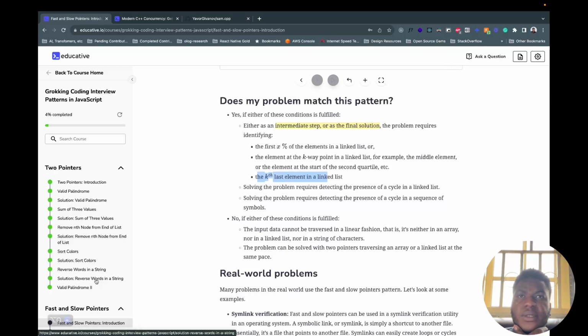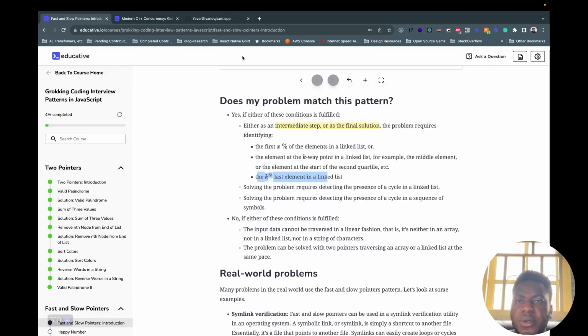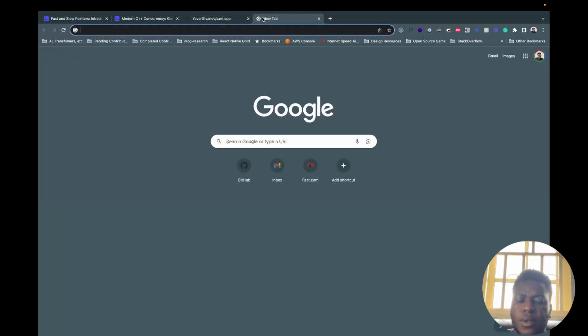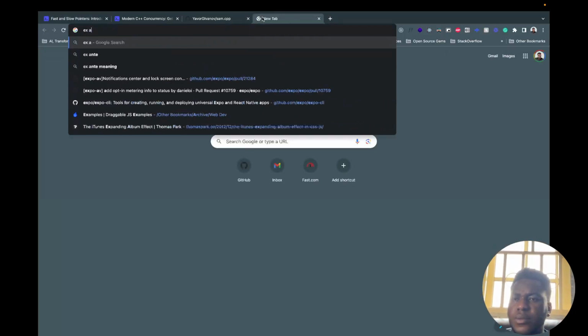But in that case, I was moving the fast pointer all the way to the end first. How did that work? Let me open up the Scala draw.